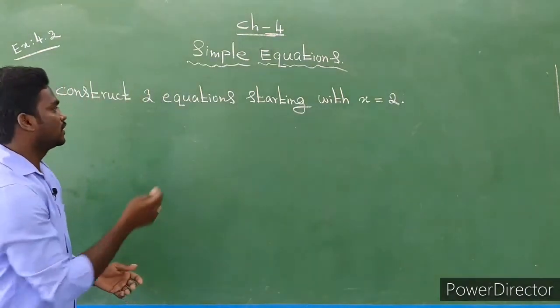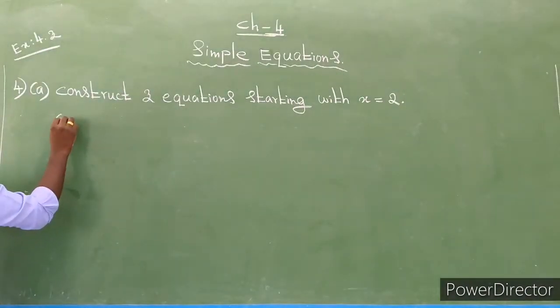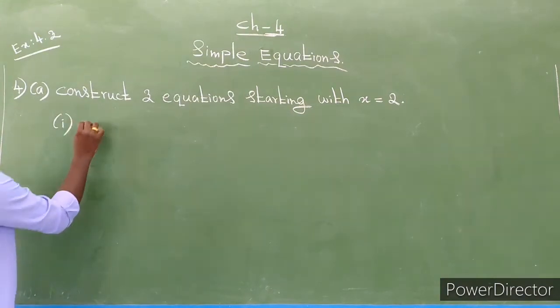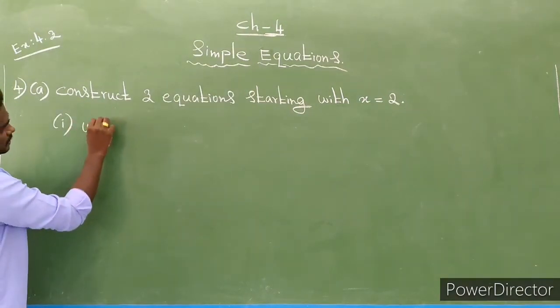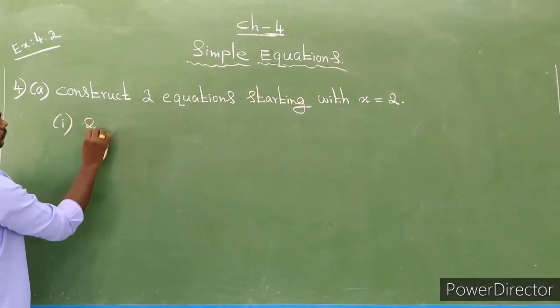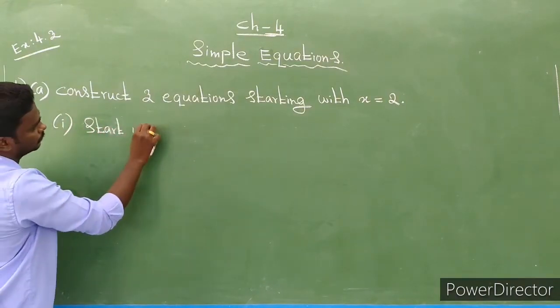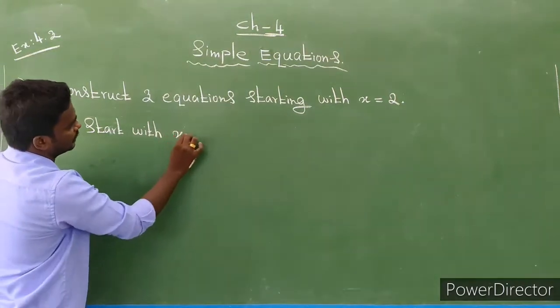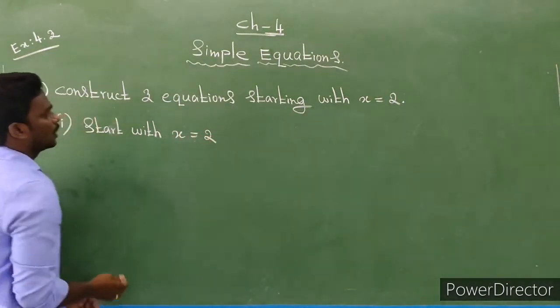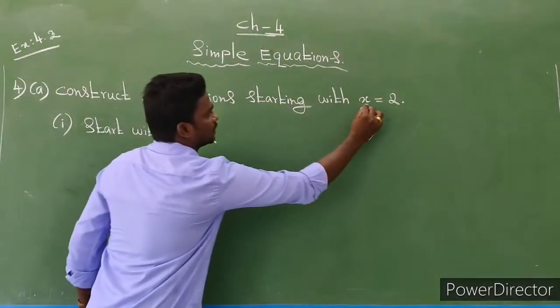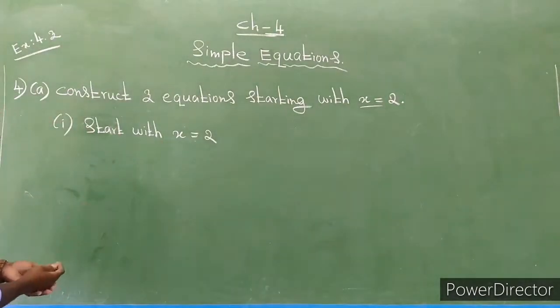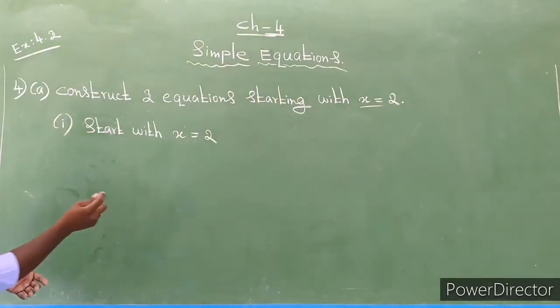How to construct the equation? The first equation starts with x is equal to 2. How to form an equation?